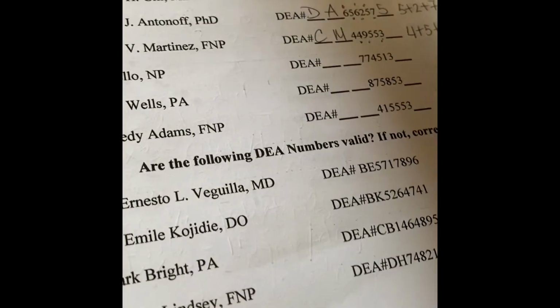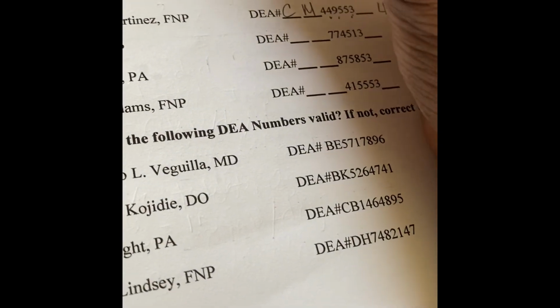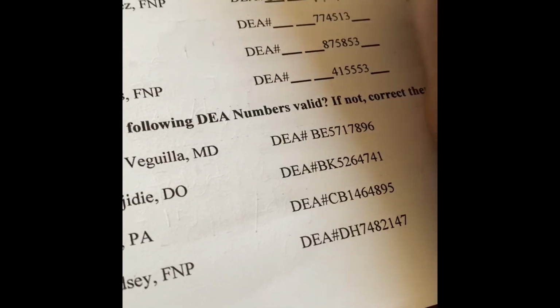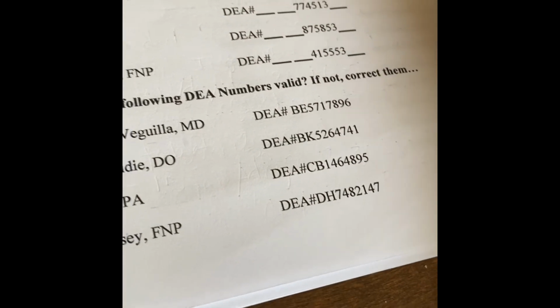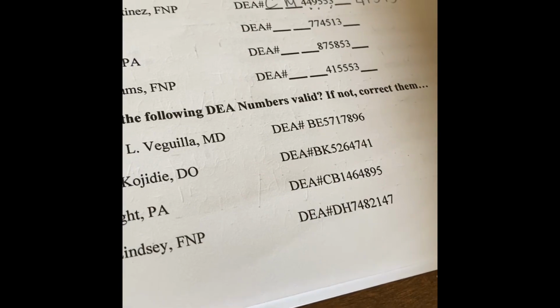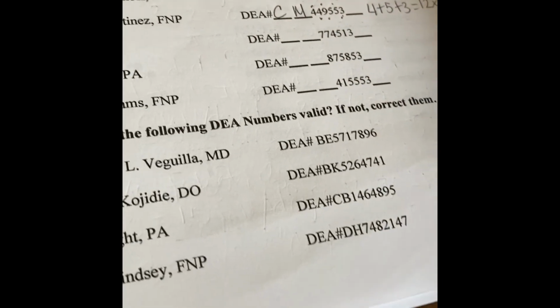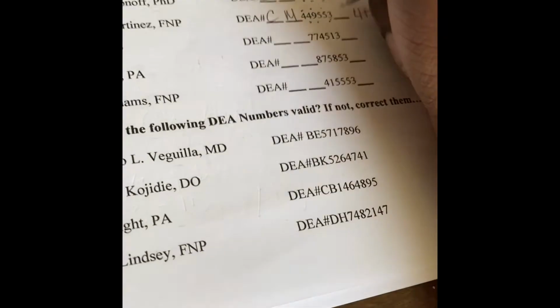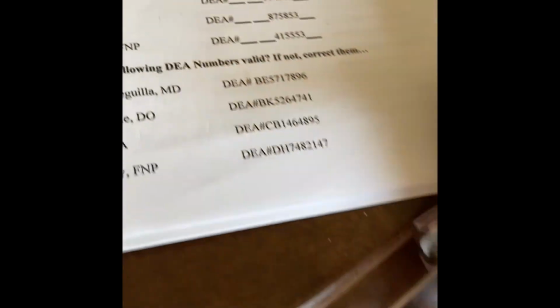And then we're going to do 4 plus 9 plus 5, which equals 42. So then there will be a 2 there.